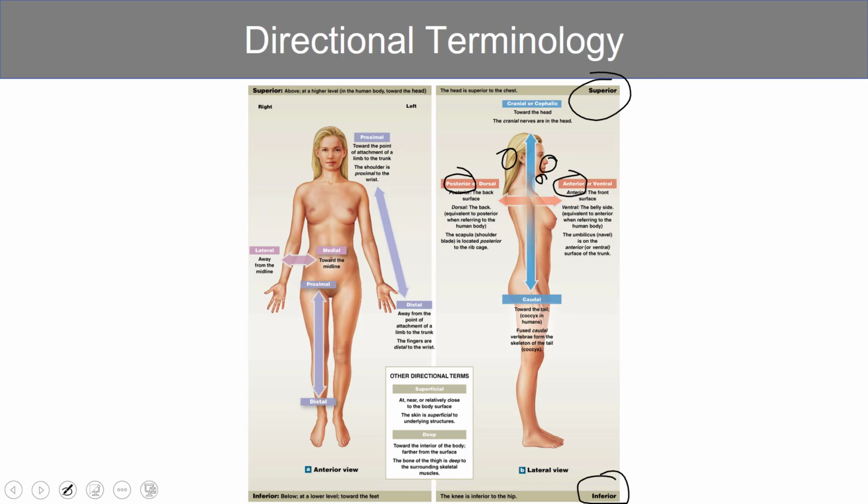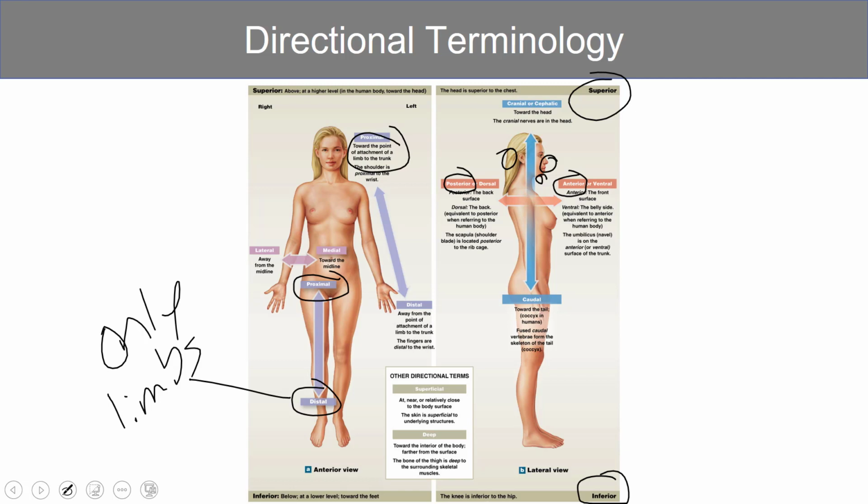Proximal and distal. These terms are used to describe the relative location of body parts within the limbs. So this is only within the limbs, so the arms and the legs. And proximal refers to being closer to the point of attachment, and here we have that little definition up here, while distal refers to being further from the point of attachment.